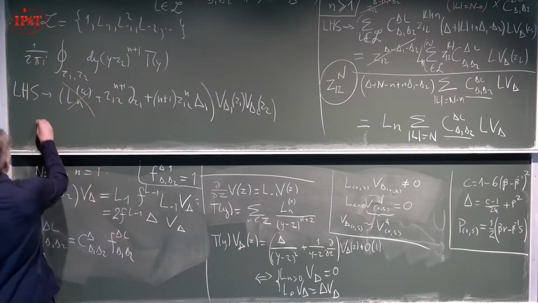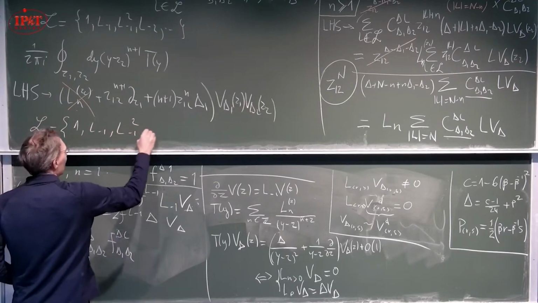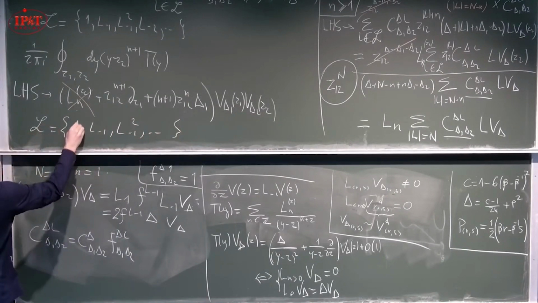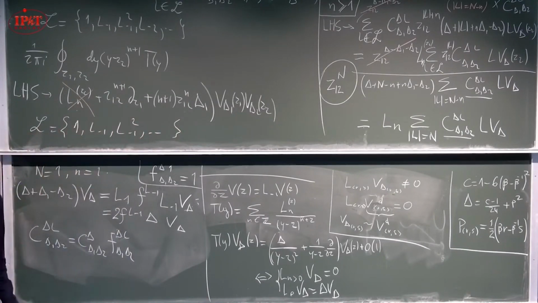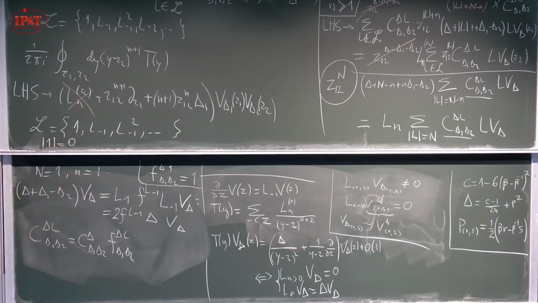So I had this list which was 1, L minus 1, L minus 1 squared. So 1 is the first creation operator. Well, it doesn't create much, but okay, it has level 0. If you can admit this notation. I'll get used to it. Well, I won't use it too much.